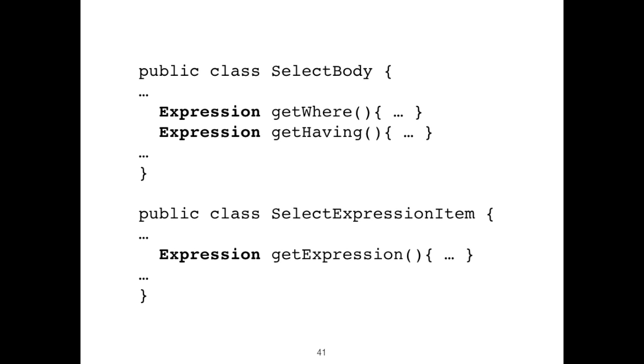Right. So then the where clause, the having clause, and each of the expressions that you get in the select targets are going to be in this class called expression. So expression is an interface that defines basically any kind of arithmetic or functional, any kind of scalar valued expression.